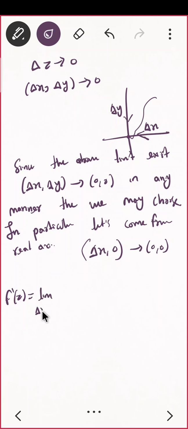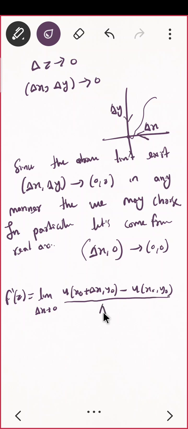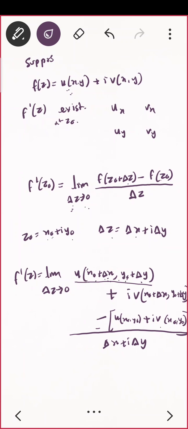The limit, you will be having delta x tending to 0 only, and here it will be u of x naught plus delta x comma y naught minus u of x naught y naught divided by delta x, correct? Plus i times, what are you having here?